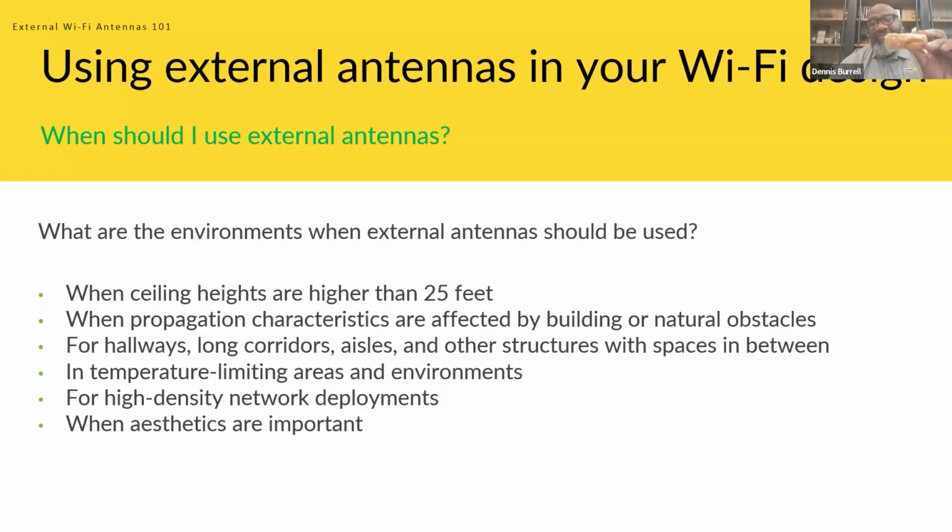Now, when you have this mounted on a wall, that donut hole is that null. And as you mount that antenna higher, what you find is that the null down on the floor gets wider.